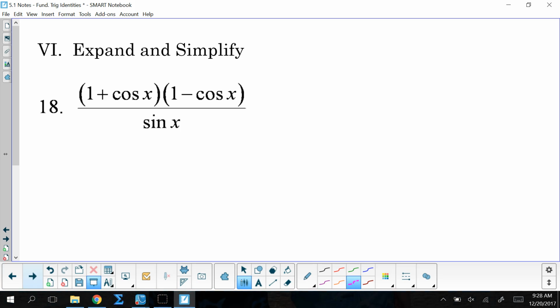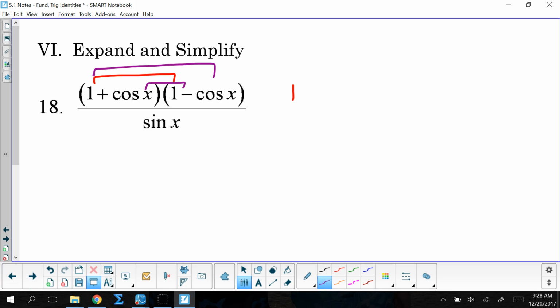What am I going to do in this one? Distribute. I can multiply the top, right? Okay. So the top becomes 1 minus cosine of x, plus cosine of x.